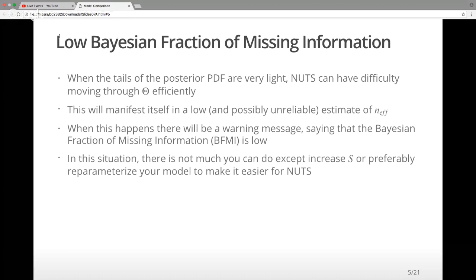Again, with RStanArm, the good and bad aspect of it is that it comes with models pre-written, and frankly, those are unlikely to trigger the warning about a low Bayesian fraction of missing information. But when they do yield warnings, all you can really do is mess with the settings, maybe mess with the priors a little bit, but you can't go in and change the reparameterization without recompiling the whole package.